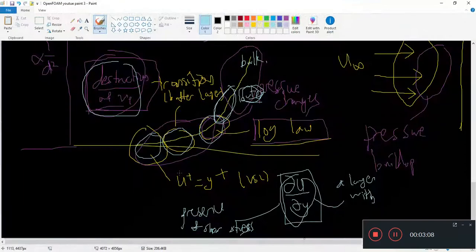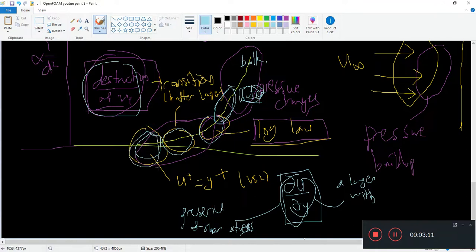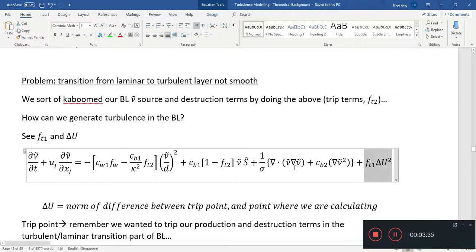Here's the viscous sublayer region, which I will box in purple. And then in between you have the transition region, where you transition from the laminar regime, here because it's the viscous sublayer, to the turbulent regime, which the log law region and the outer region mainly do. This is where we need to compensate for the addition we made for numerical stability.